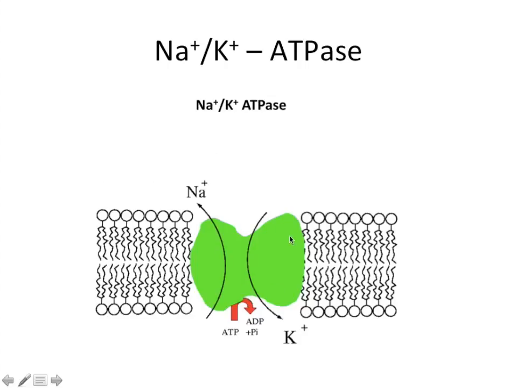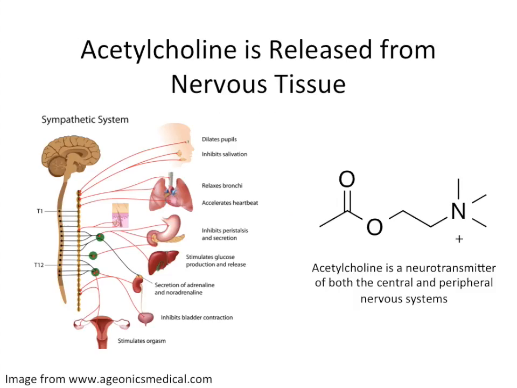I think this is orange or greenish color here. This is supposed to be the enzyme which is embedded into a cell membrane. You can see the phospholipid bilayers on both sides, and here it shows the conversion of ATP to ADP plus Pi, and then you can see that sodium is going in one direction across the membrane, potassium is going in the opposite direction.